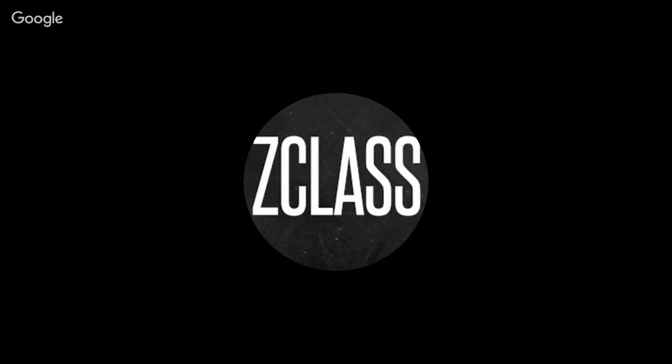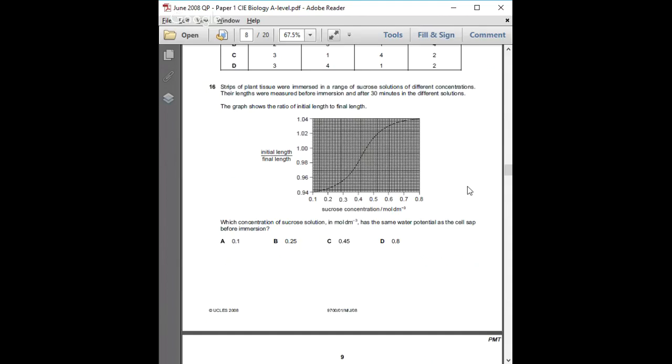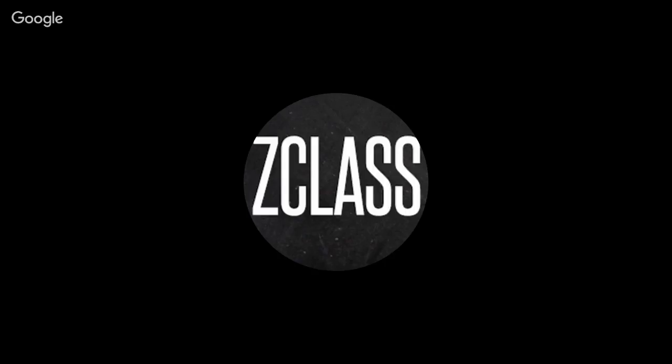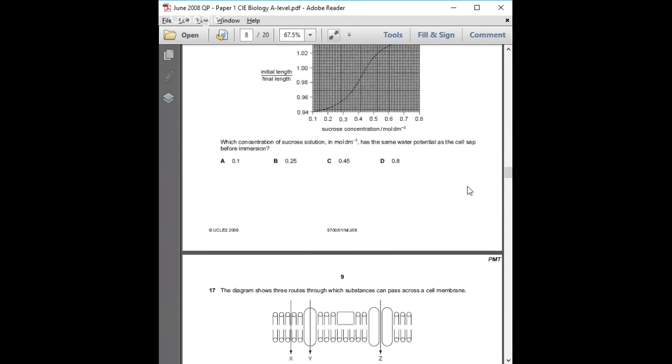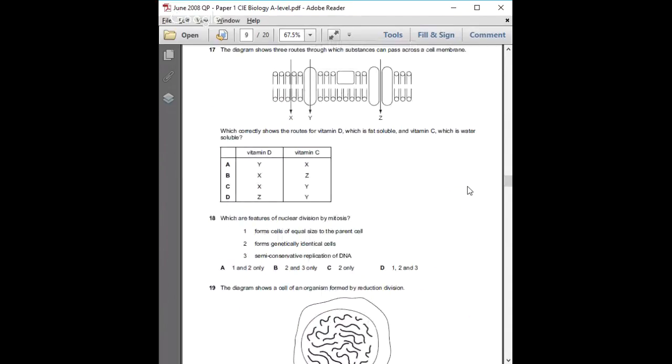Oh, okay. So it's where the initial length divided by final length equals 1 because there's no change in length. So it would be about equal to, I guess, C. Yeah, that's correct. Good. Okay, question 17.